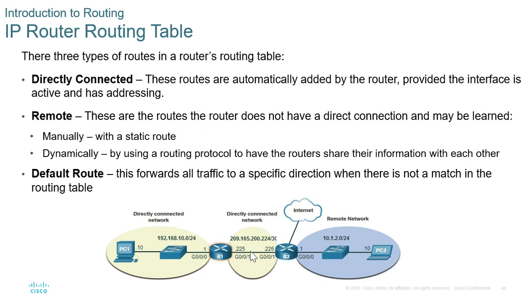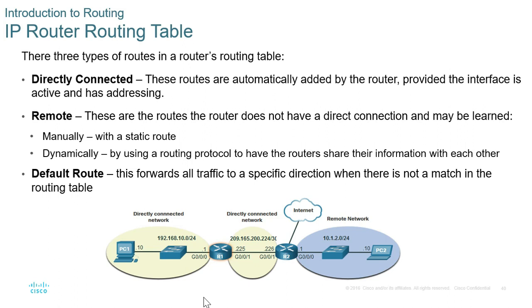Kita activate interface ini, juga akan masuk dalam routing table. Okay, so nampak, so this interface and this interface adalah directly connected. Jadi router dah ada jalan nak ke network 209.165 ni dan juga jalan nak ke network 192.168.10.